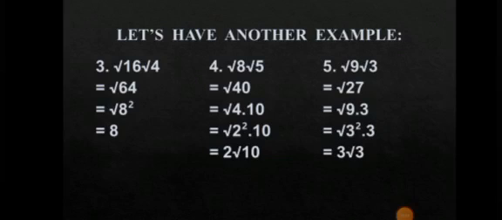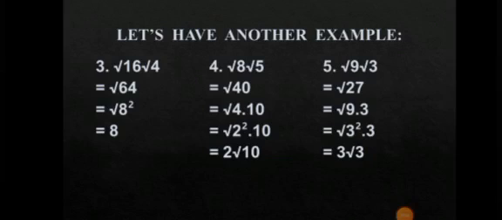Let's have number 5, which is square root of 9 times square root of 3. Square root of 9 multiplied by 3 is square root of 27. Then find two numbers where one is a perfect square.